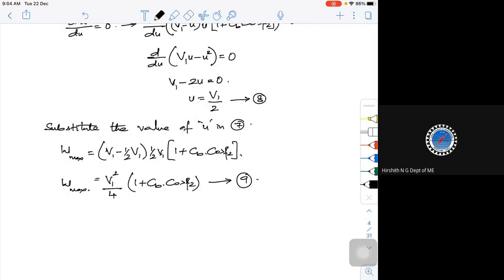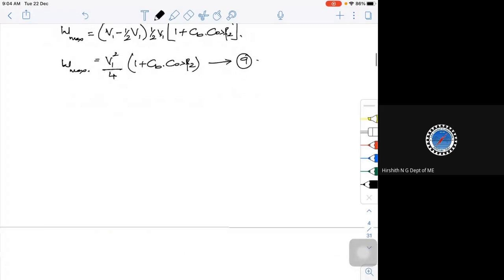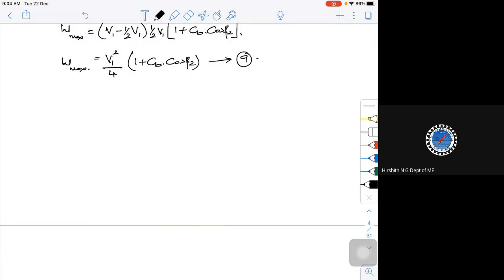I told you yesterday that we have one condition called the speed ratio, because whenever we try to solve problems under the Pelton wheel, they give this particular speed ratio in the numericals. So what is the speed ratio? Speed ratio is denoted by phi.